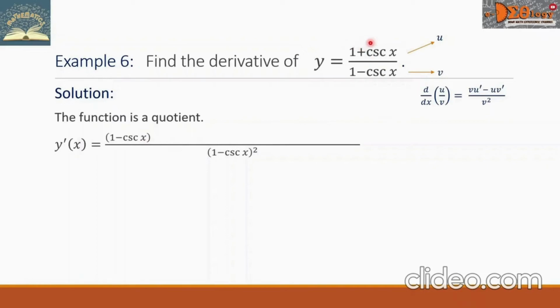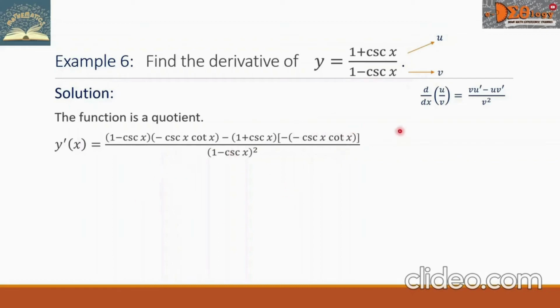The derivative of 1 is 0, the derivative of cosecant x will be negative cosecant x cotangent x, then minus. We copy the numerator, and it is here, times the derivative of the denominator. The derivative of 1 is 0, minus the derivative of cosecant x, we will have this negative cosecant x cotangent x.